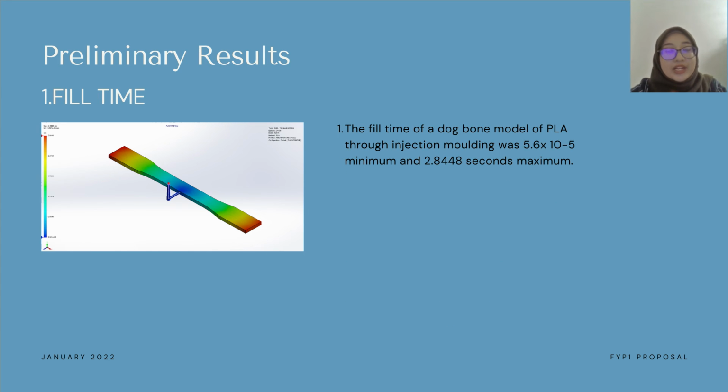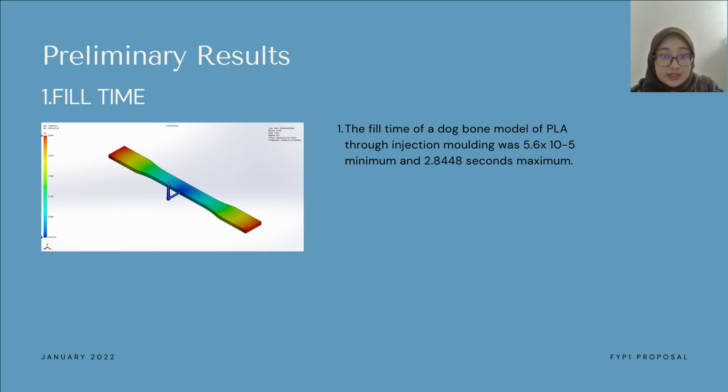Moving on to the preliminary result. For the preliminary result, I have designed a dog bone following the ASTM D638 Type 1 parameters, and I also imported the PLA material information into the SolidWorks software, and I did a test run of injection molding on this 3D dog bone model.